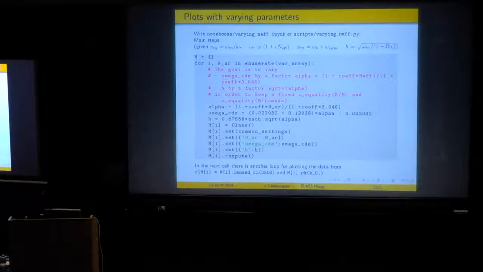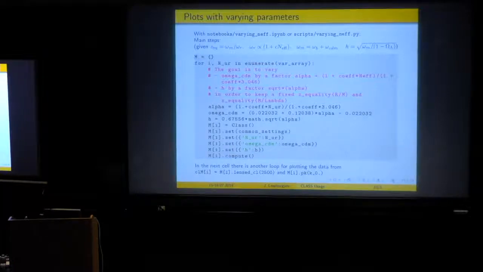Our goal is to fix the redshift of equality. And the redshift of equality is the density of matter over the density of radiation. Here we are varying the density of radiation by a factor 1 plus c N_eff, where this c is our universal coefficient that you can compute, which will actually be computed automatically in the code.